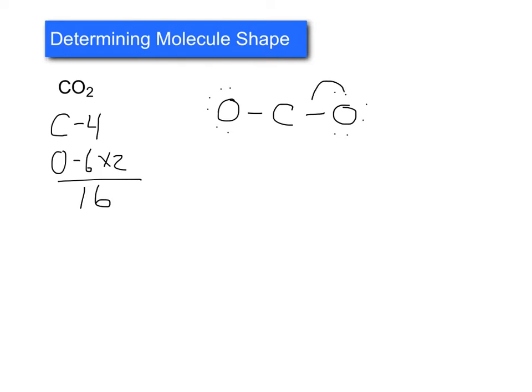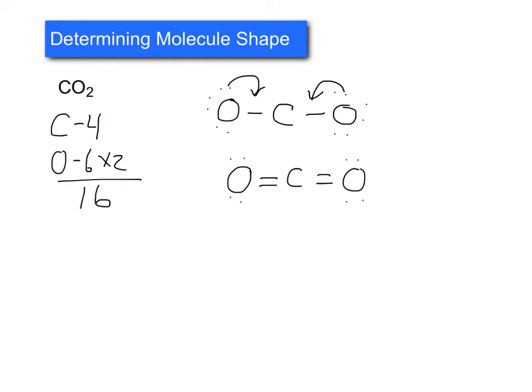And so in order to make carbon happy, we're going to have to do a little more sharing. So we end up with double bonds and then 2 lone pairs on each oxygen.